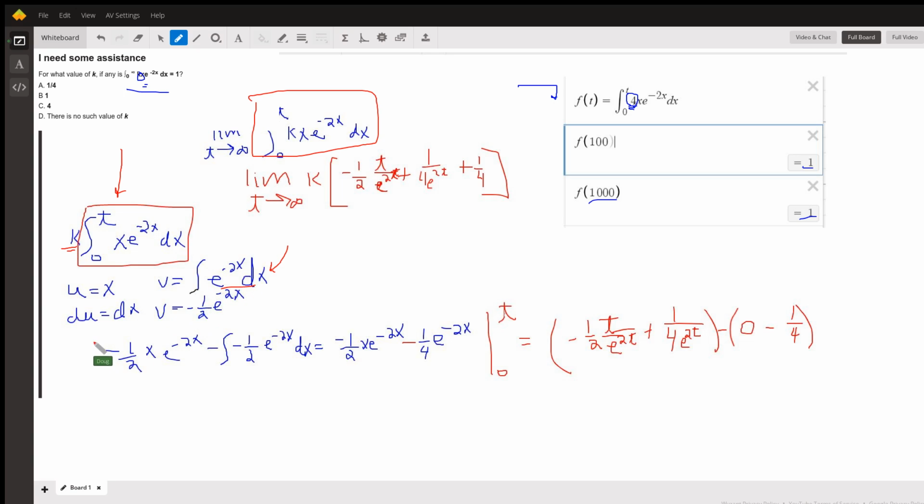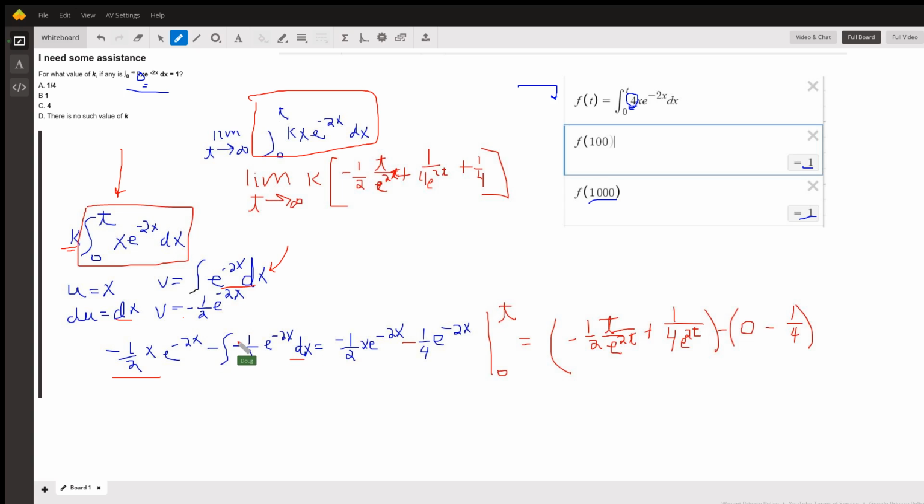Then the integration by parts formula says that the antiderivative is uv, negative 1/2 x e to the minus 2x, minus the antiderivative of v du. There's the v, and there's du, which is equal to dx.